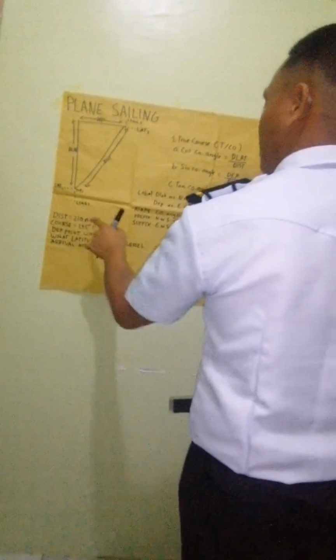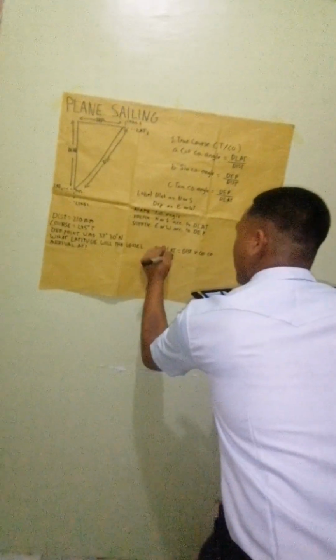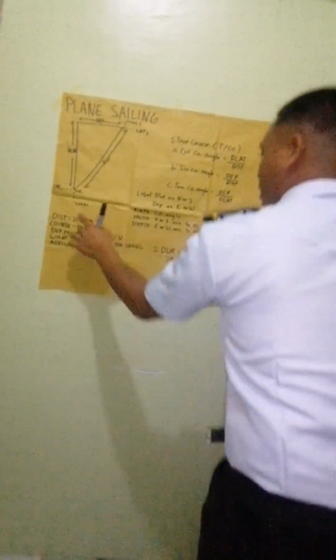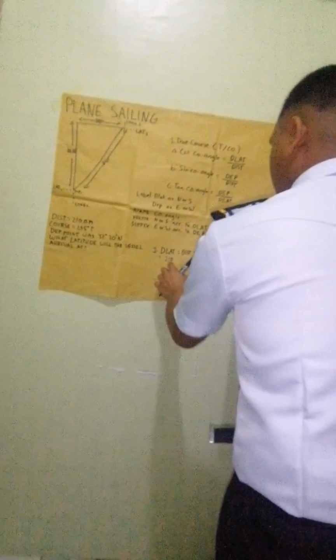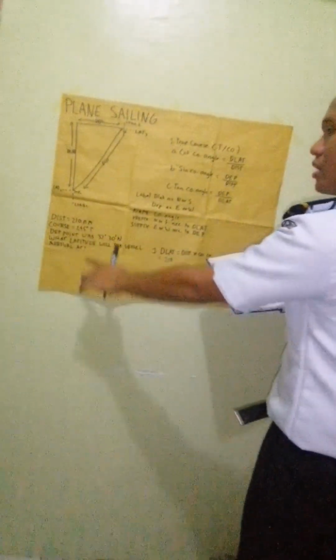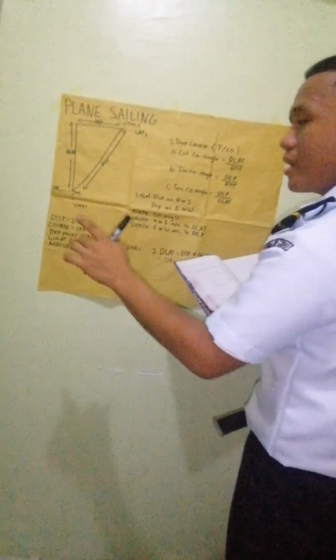It is given the distance. The distance is 210 nautical miles, because if it is a distance, you name it miles or nautical miles.